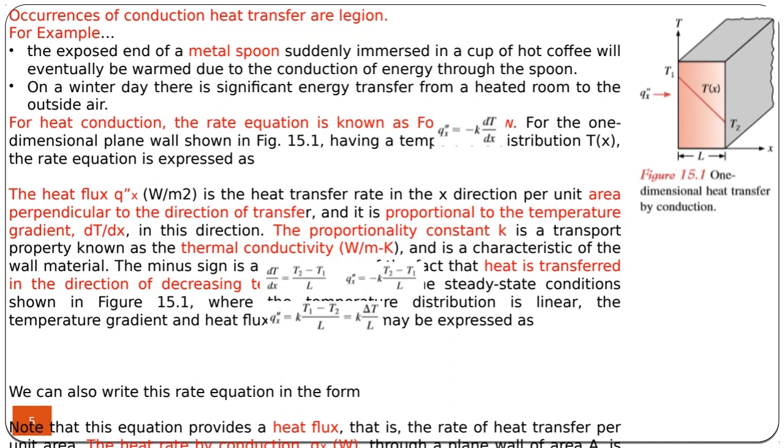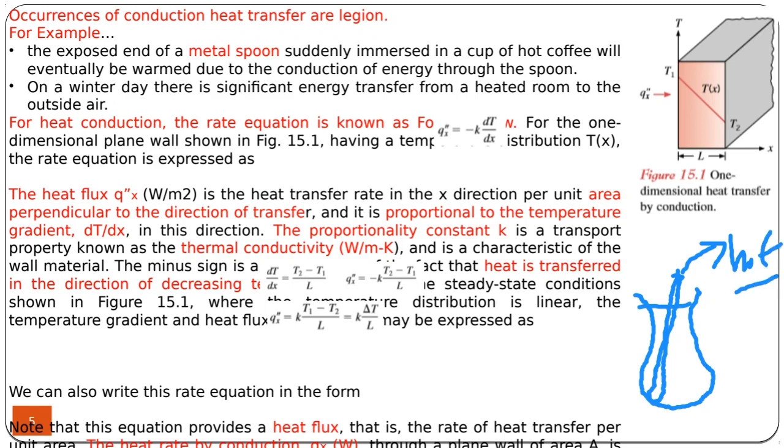So let's give an example of conduction. Suppose that you have a Turkish tea like this. After a while, the tip of the spoon will get hot. In the beginning, while it was cold, when you dip it into this glass of tea, it will get hot after a while.